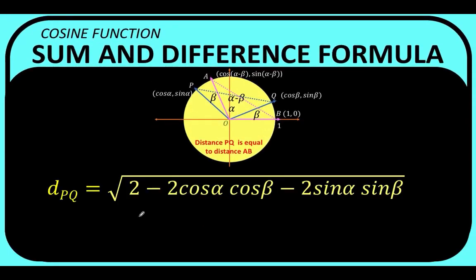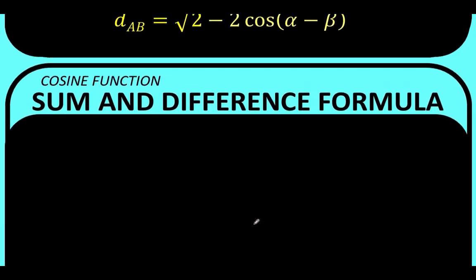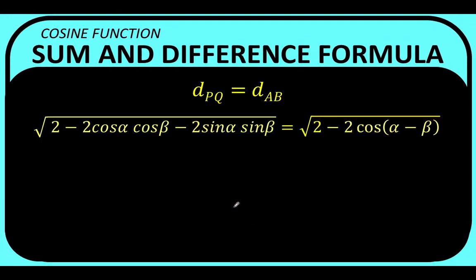We have this formula for the distance between points P and Q, and this formula for the distance between points A and B. We know that these two distances are equal, and so we arrive at this equation.